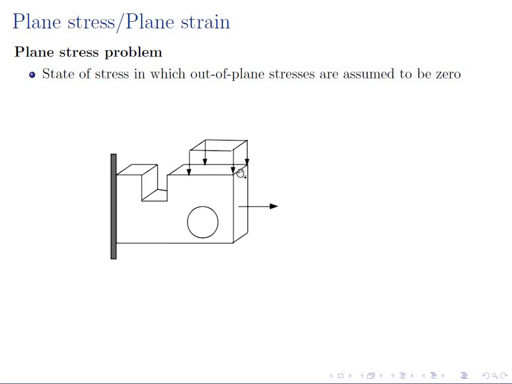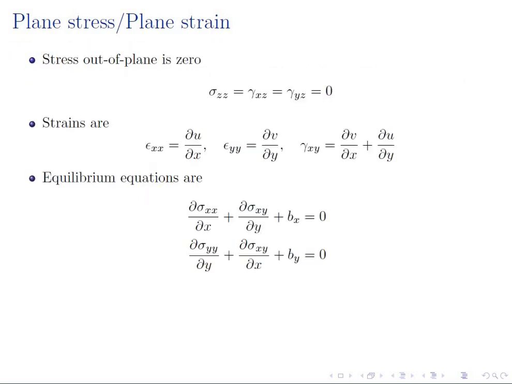In this particular case, the stresses in the out of plane direction can be assumed to be 0, and I can simply analyze this 2D structure of the plate without sufficiently compromising on the accuracy of the solution. So the out of plane stress components are equal to 0.